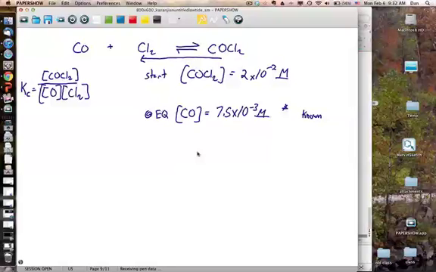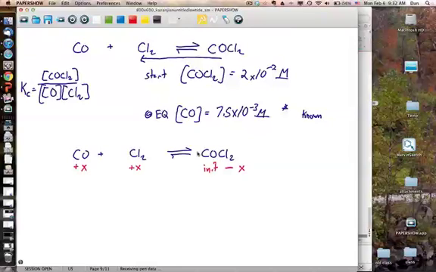Now, we can think about this algebraically. We can talk about CO and Cl2 and the COCl2 in an algebraic form. Whatever the initial concentration of COCl2, stoichiometry says that for every one COCl2 that's lost, we gain one chlorine, and in this case, one CO. We can express this algebraically.